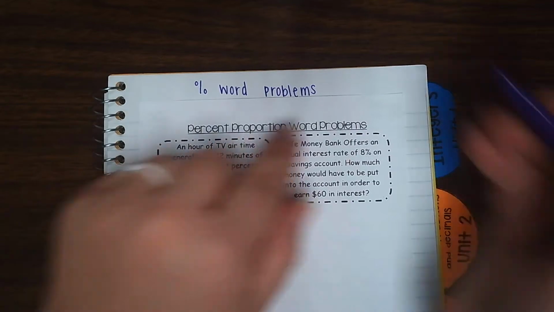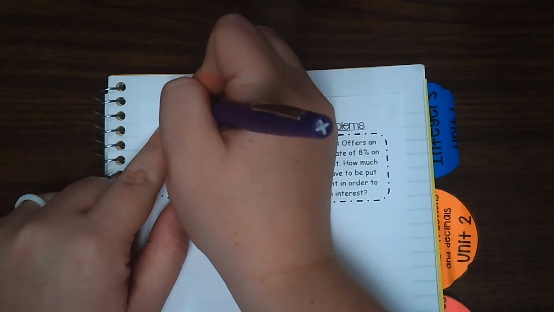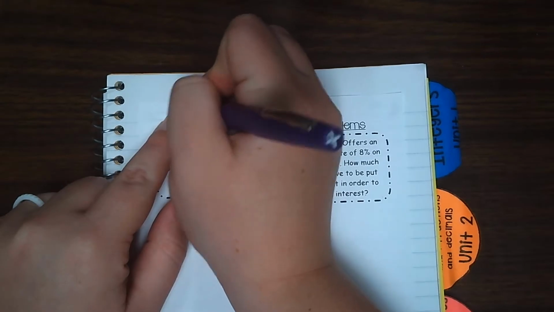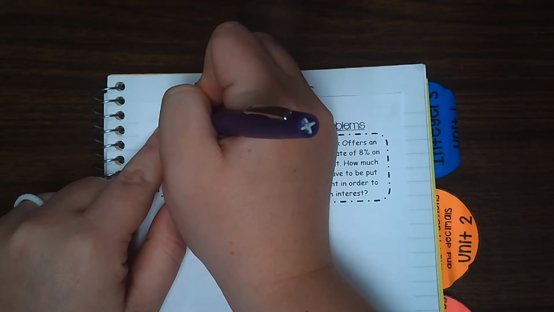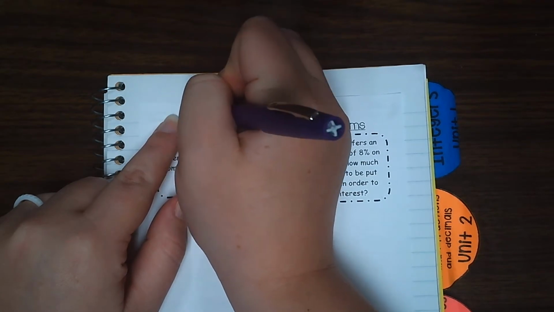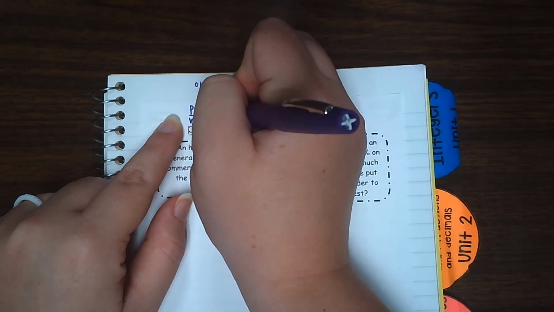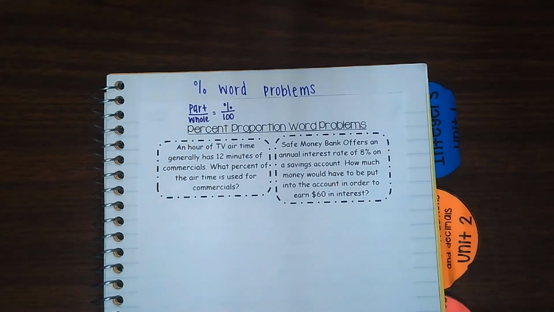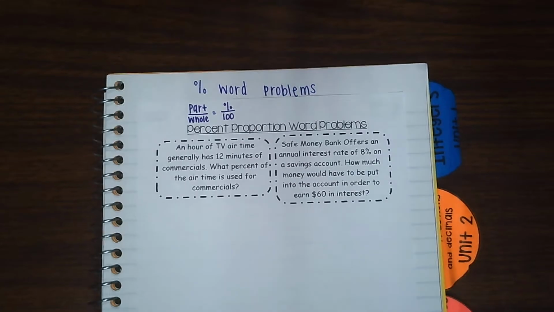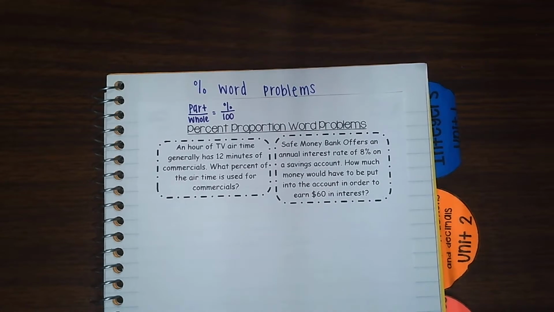But the formula is part over whole equals percent over 100. So if you'll write that down. Part over whole equals percent over 100.